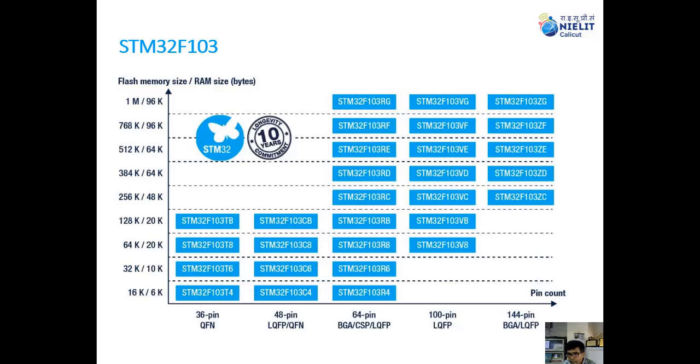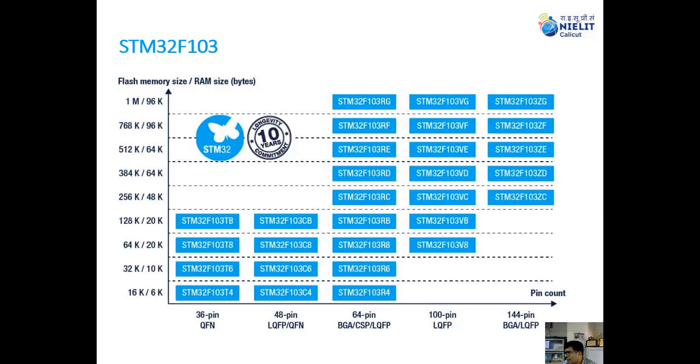There are 36 pin QFN packages, a few coming with 48 pin QFN, and finally you can also get the F series with 144 pin BGA packages. So depending upon your requirement, as well as the peripherals needed for your applications, you can select the controllers.